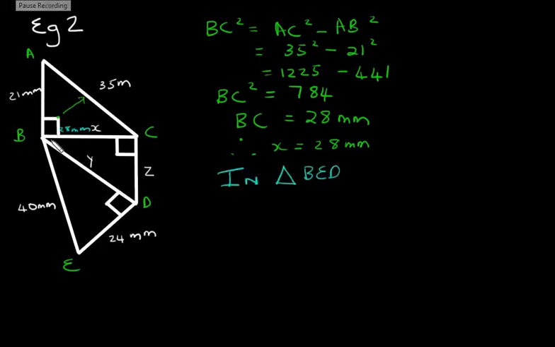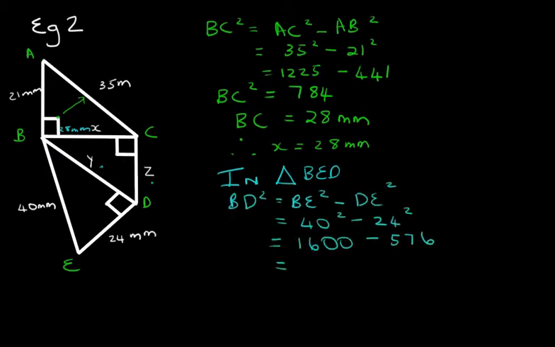Let's continue. We found X, but can we find Y and can we find Z? No, we can't, because if we look at triangle BCD, we still have two unknowns. However, we can solve triangle BDE by finding BD. So let's look at triangle BDE.